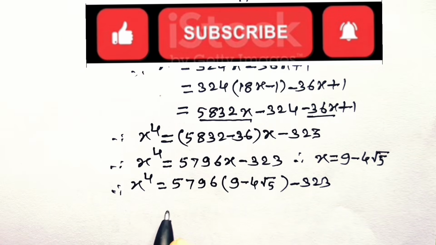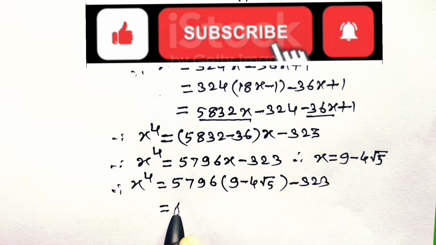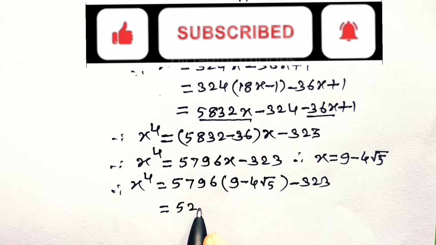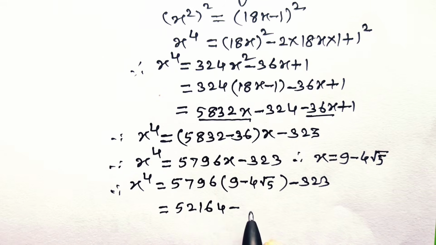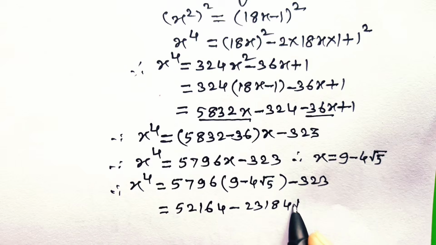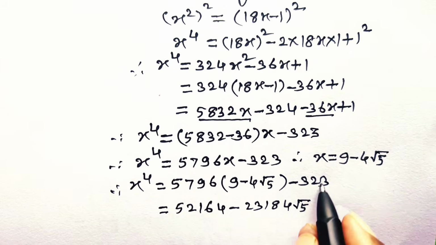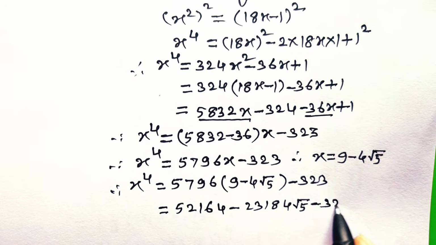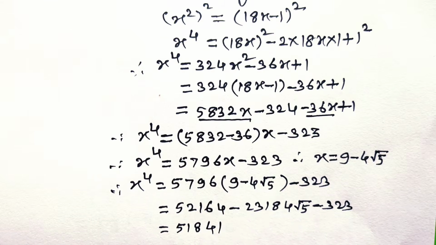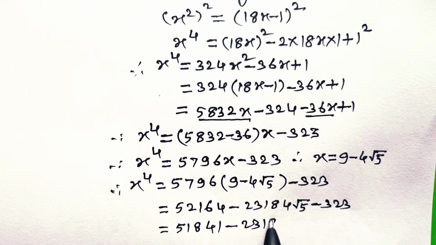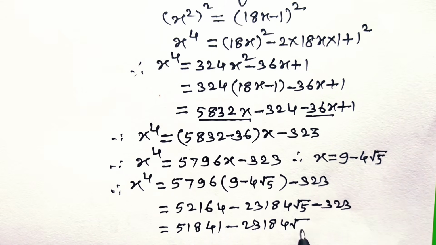Hence this is equal to 52,164 minus 23,184 times root 5 minus 323. This gives 51,841 minus 23,184 times square root of 5.